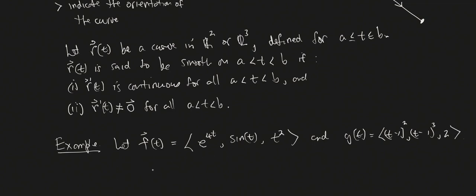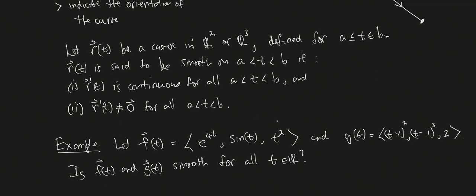So the question is this: is f of t and g of t smooth for all real values of t?